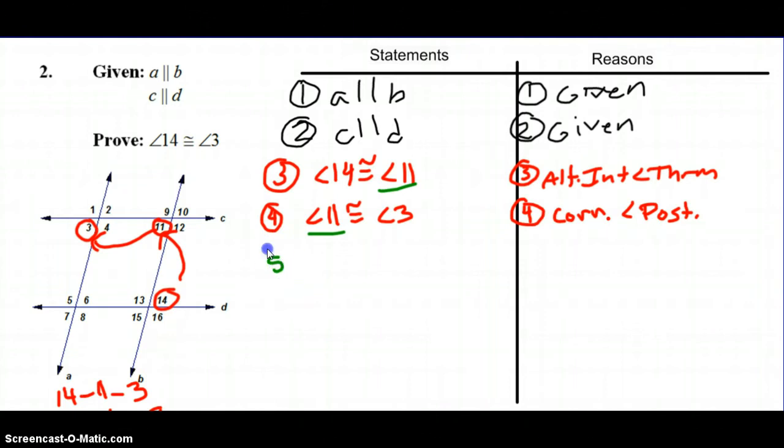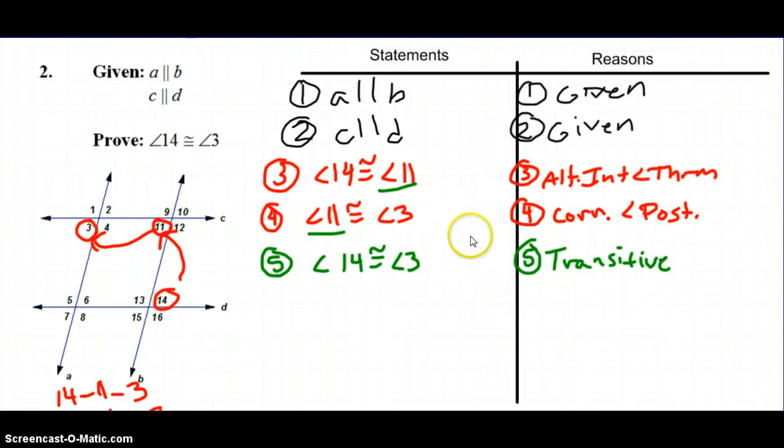And so because 14 and 3 both are congruent to 11, I can say that angle 14 is congruent to angle 3 using the transitive property, which says if A is congruent to B and B is congruent to C, then A and C must be congruent.